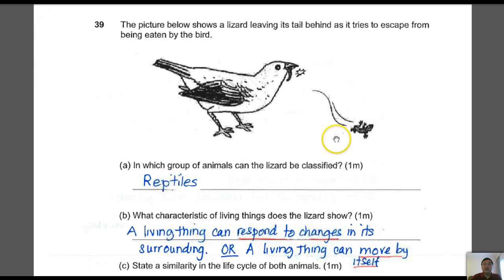Now, this tail is left behind as it tries to escape being eaten by the bird. In which group of animals can the lizard be classified? This is a knowledge answer. You must know and spell properly. Reptiles. Lizards are reptiles, the same group as snakes and some other reptiles like tortoises and turtles.